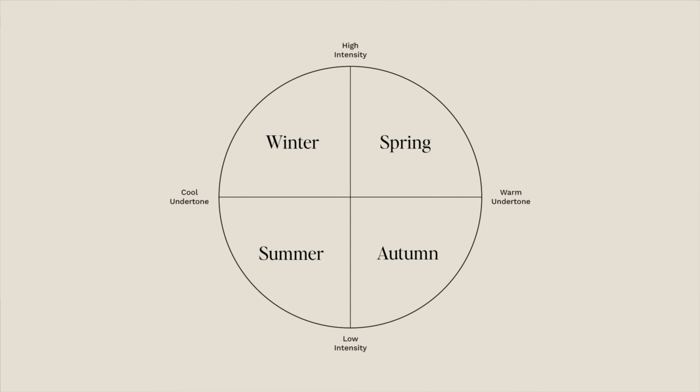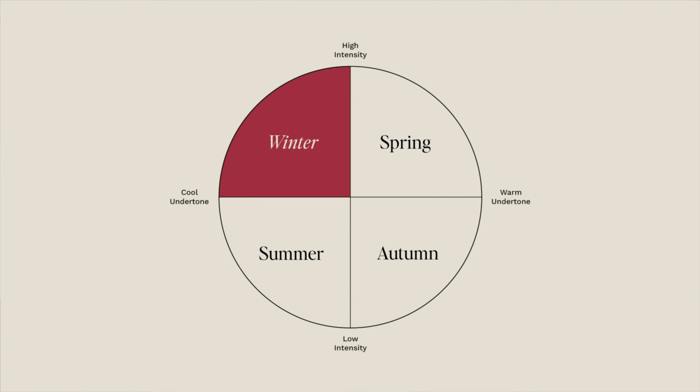So between cool and intense and cool and soft, you are definitely cool and intense, cool and bright. Therefore, your intensity is enough to place you in the top part of the graph. It means that you belong to the winter palette. Winter, of course, winter. Welcome, Matt, to the winter family.